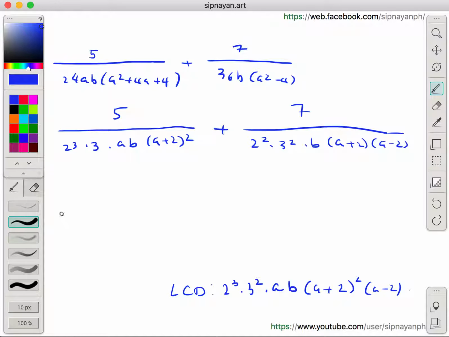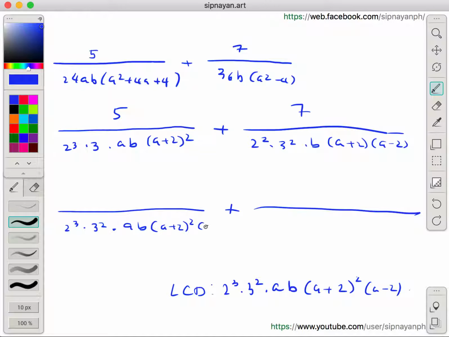So, ngayon, gagawin natin is, gagawa na tayo ng dalawang rational expressions na ito na yung ating denominator, di ba? Mamaya explain ko bakit yan. So, we have 2 cubed times 3 squared times AB times A plus 2 squared times A minus 2. Okay? And then we have a plus.